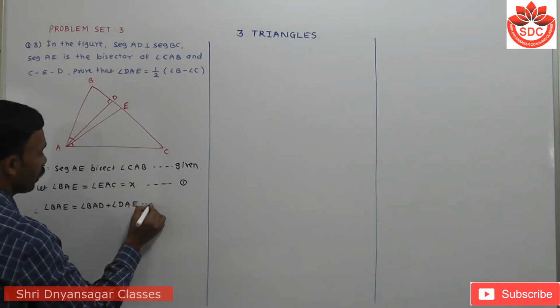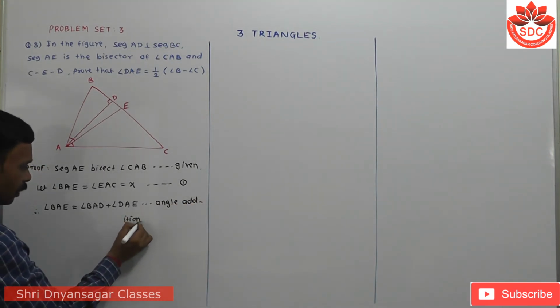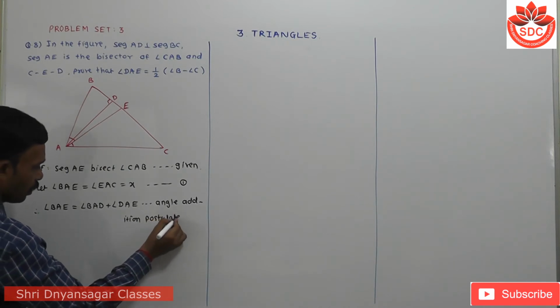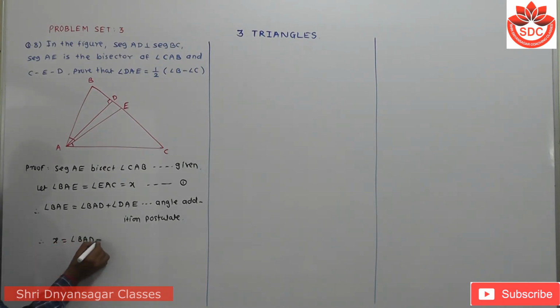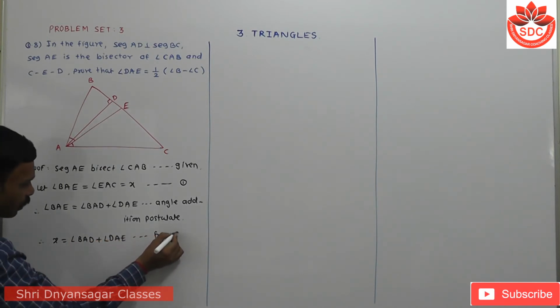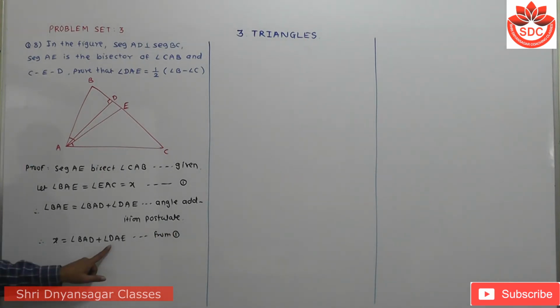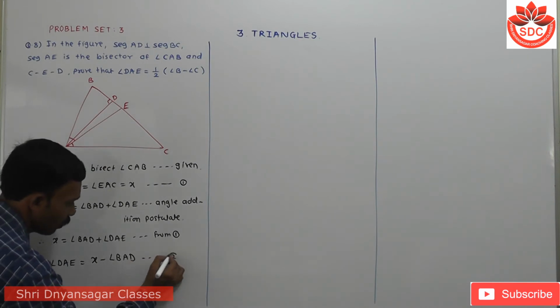Reason is that by using angle addition, angle BAD plus angle DAE from first. Then from this I have to find out angle DAE, then transpose this, convert as minus, but I have to write directly here. Therefore angle DAE is equal to x minus angle BAD. Suppose that this is equation number 6.